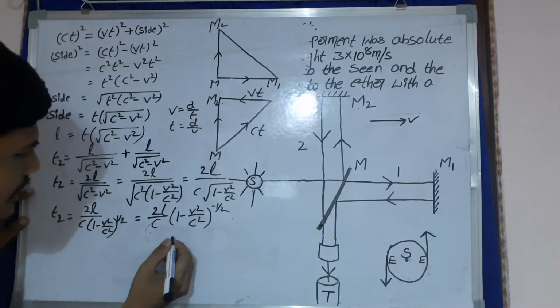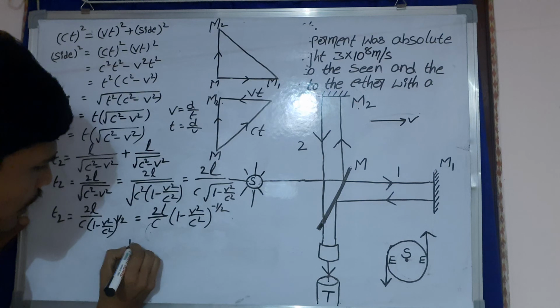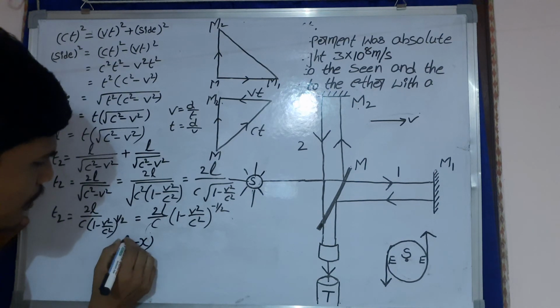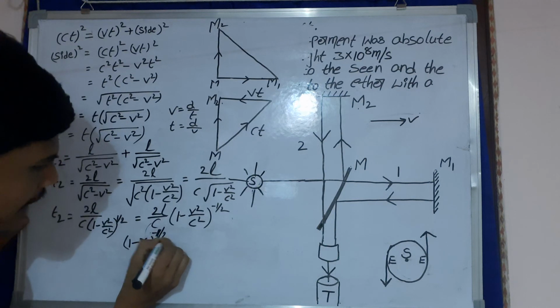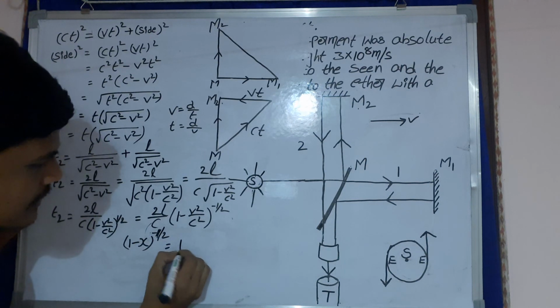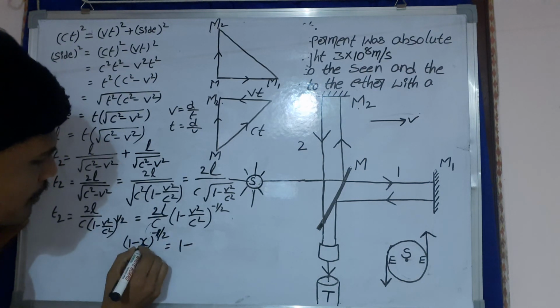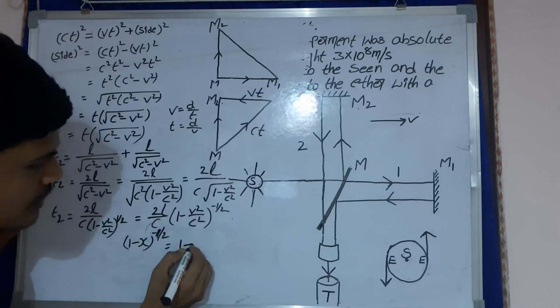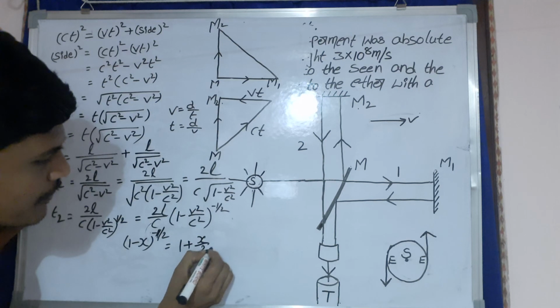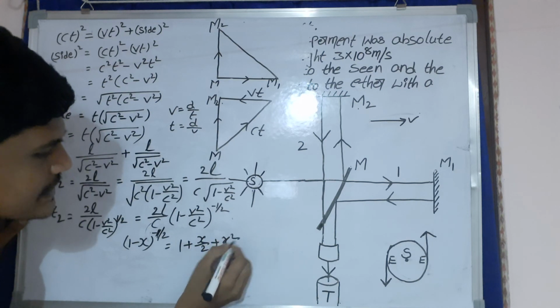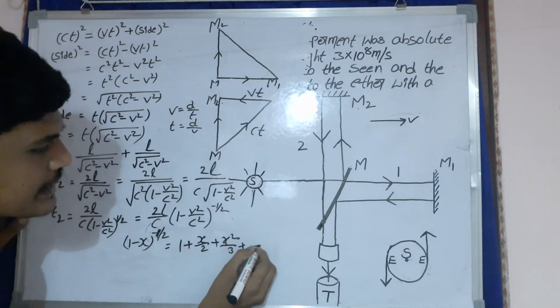So this is the term in 1 minus x whole power minus 1 by 2. The formula of 1 minus x whole power minus 1 by 2 is 1 plus x by 2 plus x square by 3 and so on.